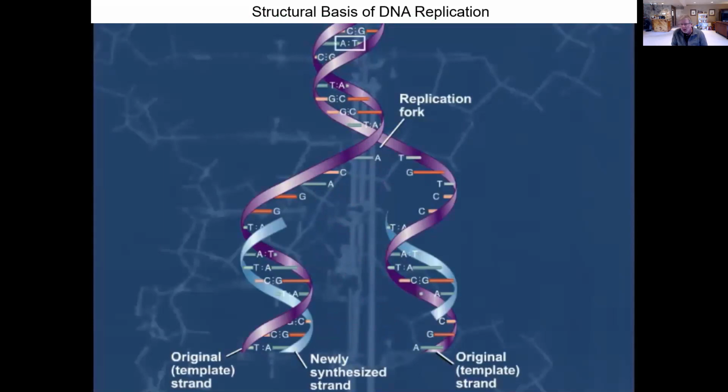According to this rule, adenine in one strand only hydrogen bonds with thymine, and guanine only hydrogen bonds with cytosine. For example, an incoming nucleotide with a cytosine base will only hydrogen bond with a guanine base in the template strand.